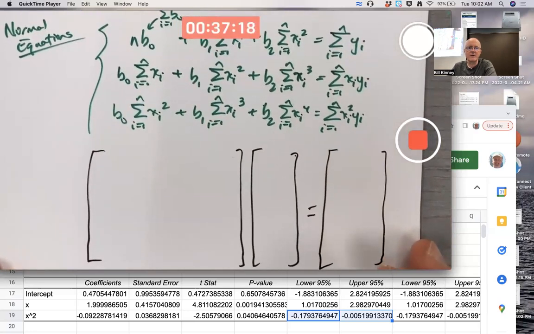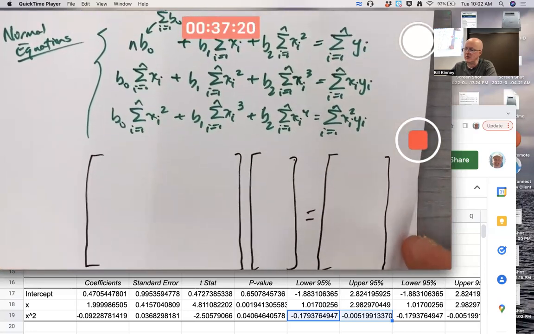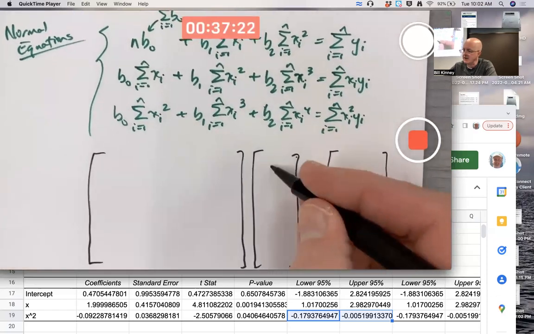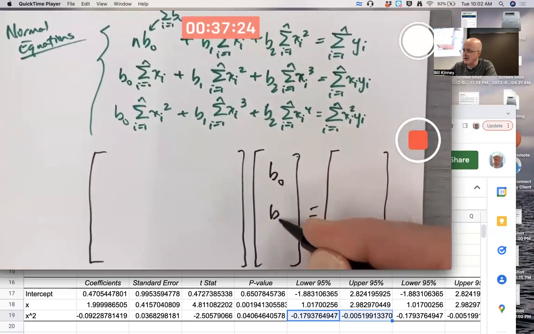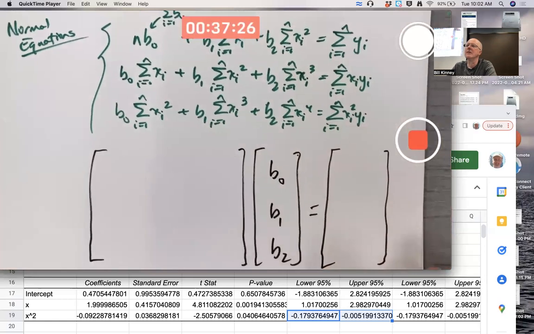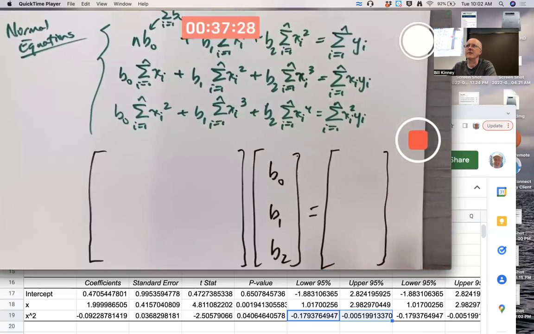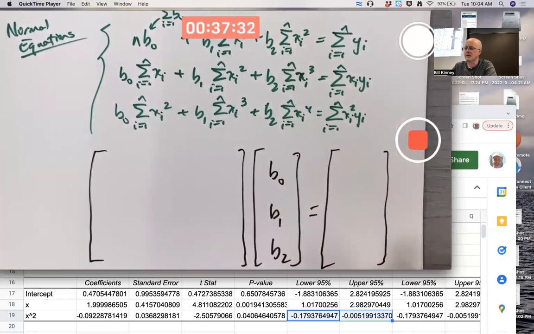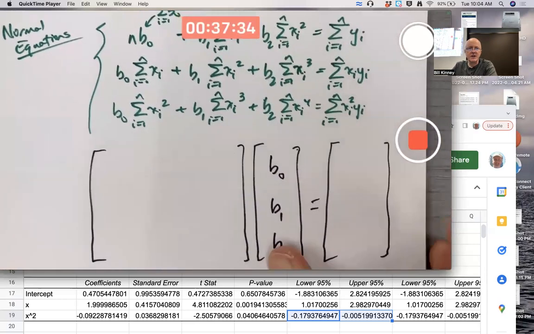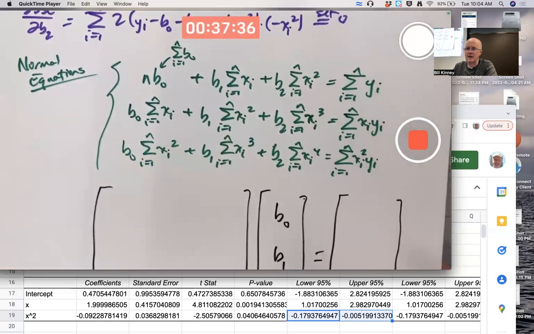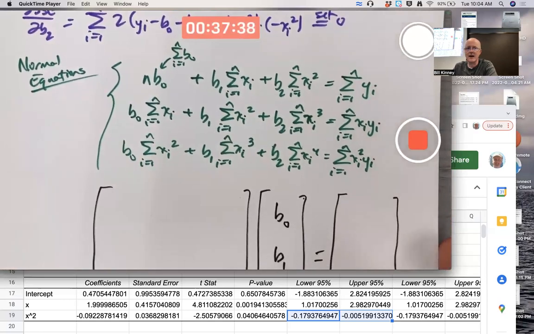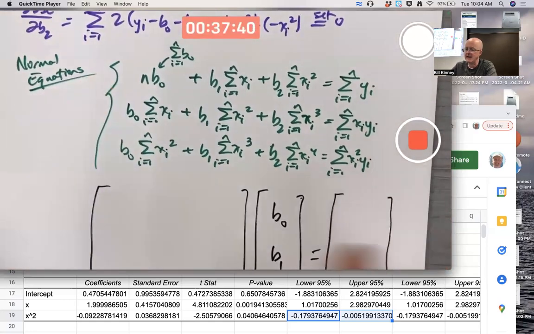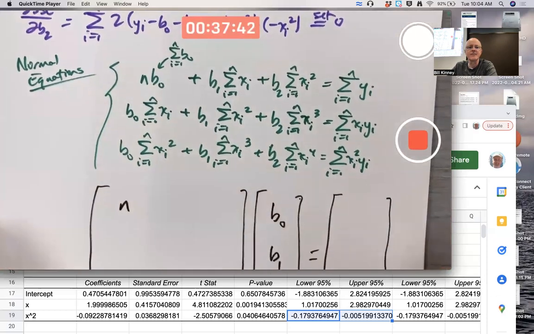Remember, what are the unknowns? The unknowns are B0, B1, and B2. Make that a column vector, B0, B1, B2. That's your unknown vector that you want to solve for. The coefficients are the summations, and the upper left coefficient is just a plain n.